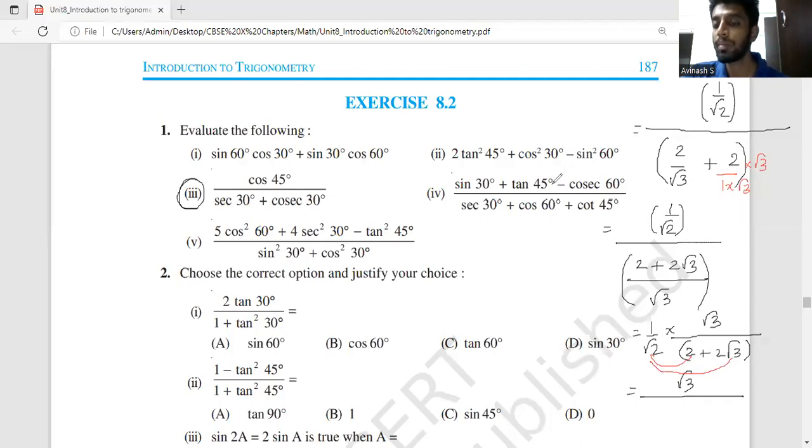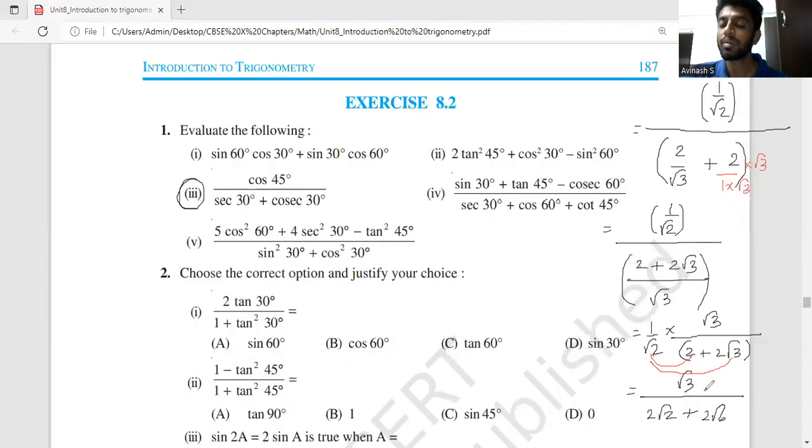When you multiply root 2 with both the terms, the first term becomes 2 root 2 and the second term becomes 2 root 6. If you look at this step, 2 into root 2 will be 2 root 2 and 2 into root 3 into root 2 will be 2 root 6, because root 2 and root 3 will get multiplied and become root 6. After this step, there are a few more steps which is called the conjugate step. I'll explain it in a short while.